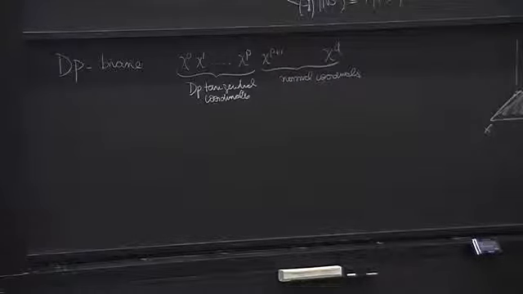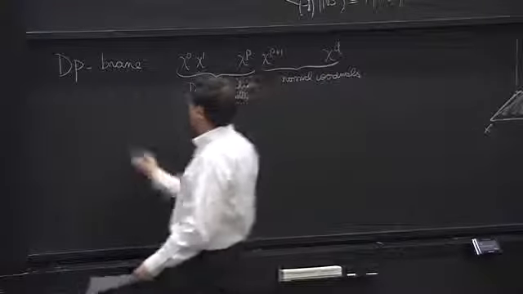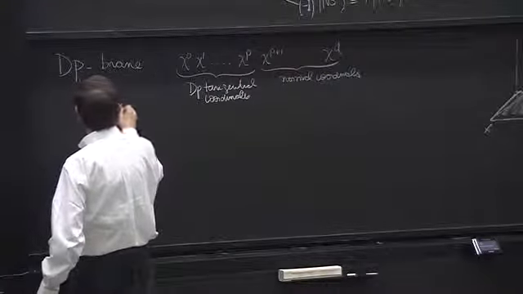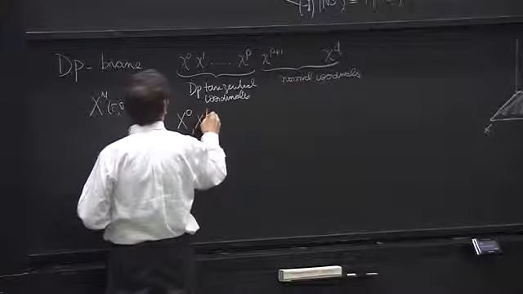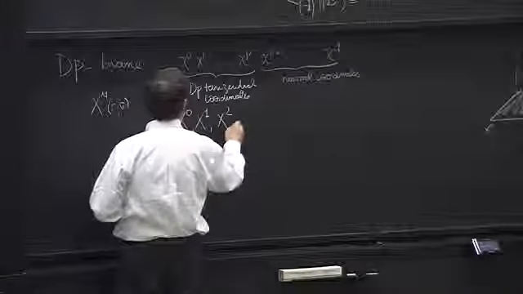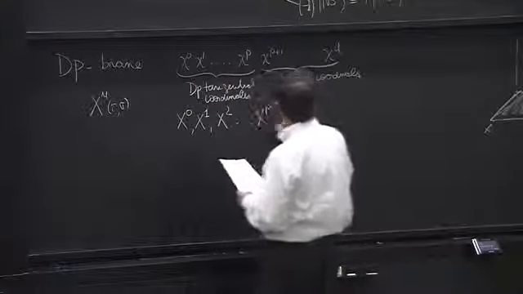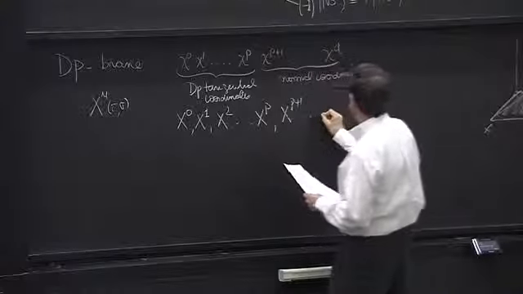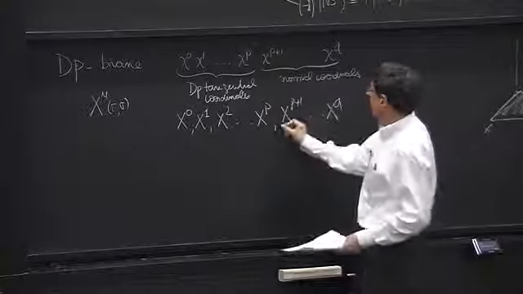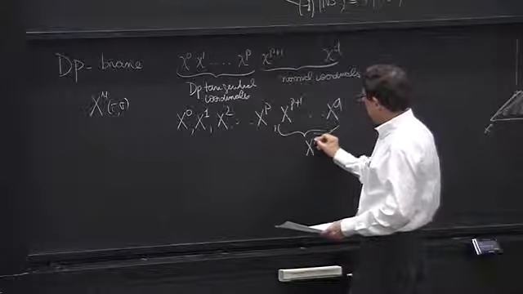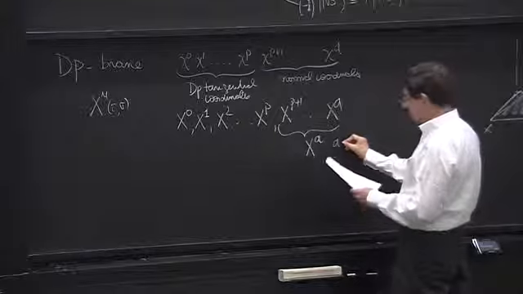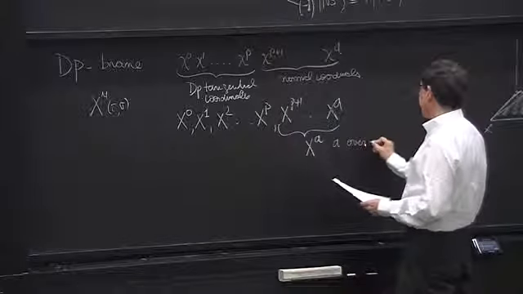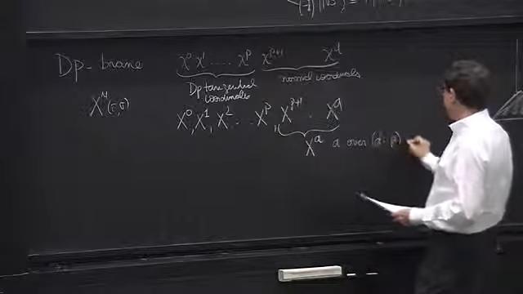So I will change notation here when we talk about the strings. The string coordinate is the X^mu of tau and sigma. We'll have therefore the x0, the x1, the x2 up to the xp, and the xp plus 1 up to the xd. And we'll call these ones x^a, with a running over d minus p values.